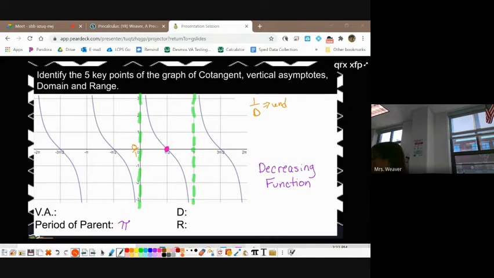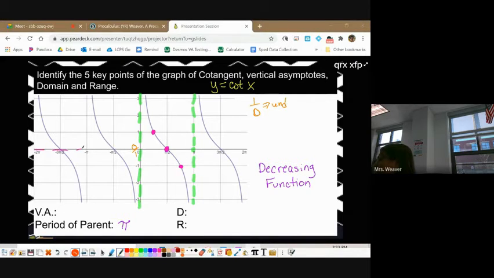So for the parent function, y equals cotangent of x, the amplitude is 1. Only we said it's not really an amplitude. But if we go from the midline up 1 unit, and from the midline down 1 unit, we will still get the next key point.